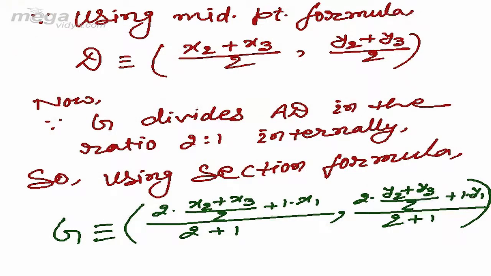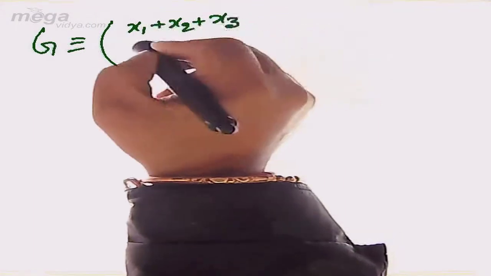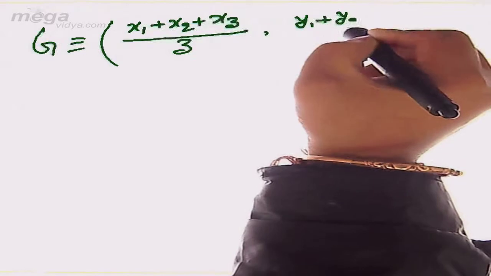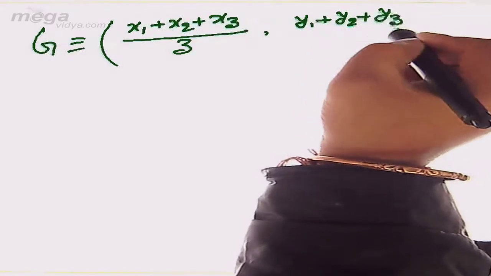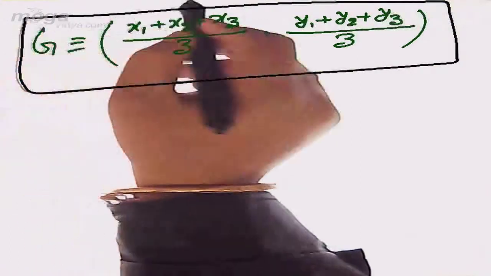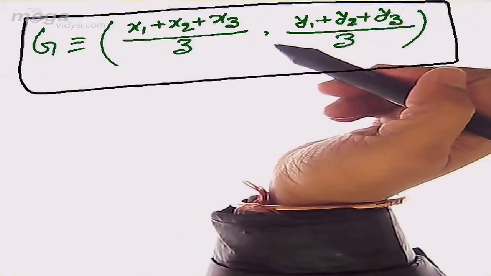After simplification, we get the coordinate of G as ((x1 + x2 + x3)/3, (y1 + y2 + y3)/3). So this is the coordinate of the centroid of a triangle ABC.